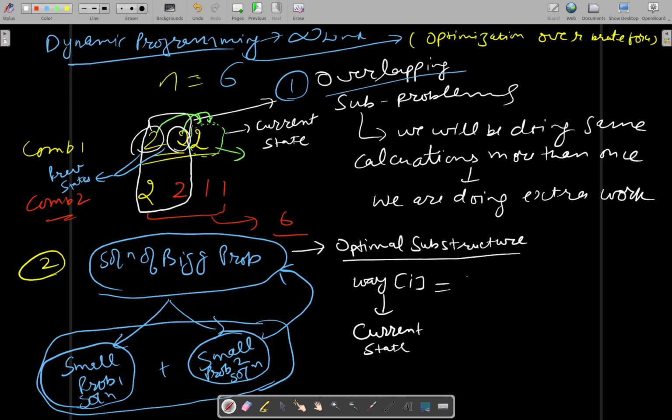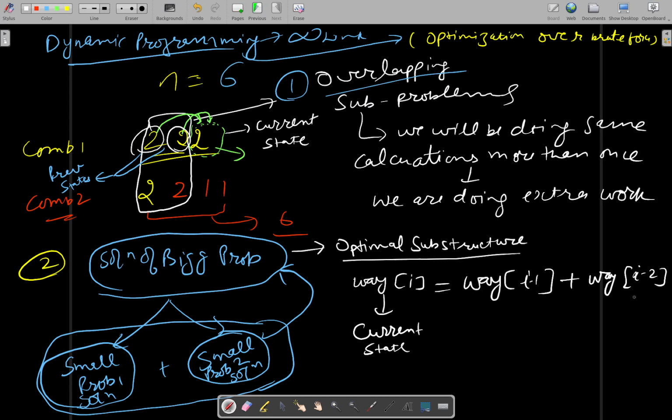One will be the state one step backwards, that is, you could have ended up on the current state from one previous state or two previous states.